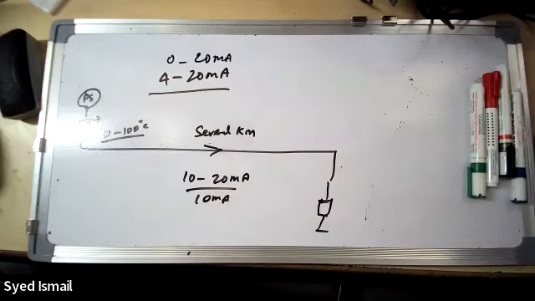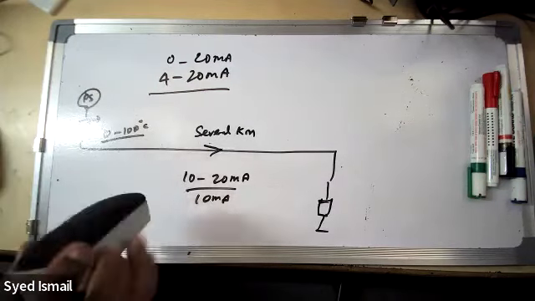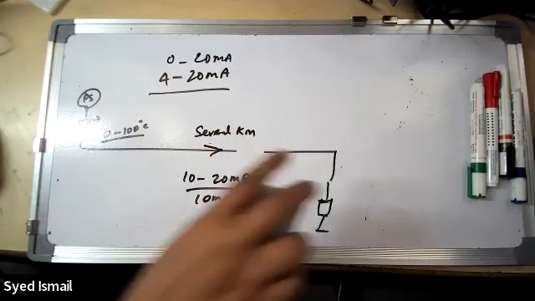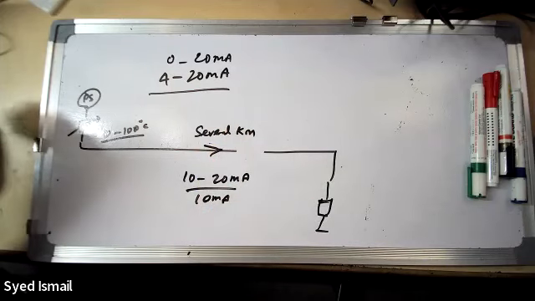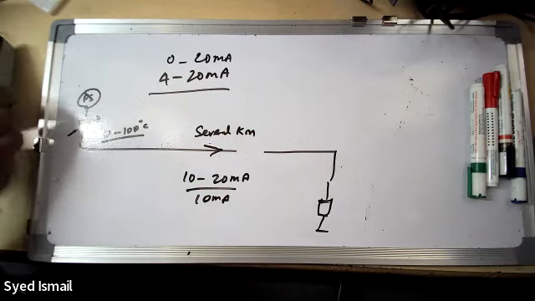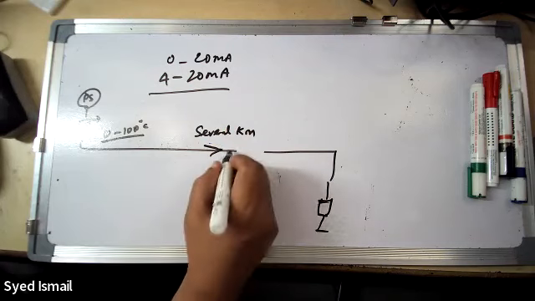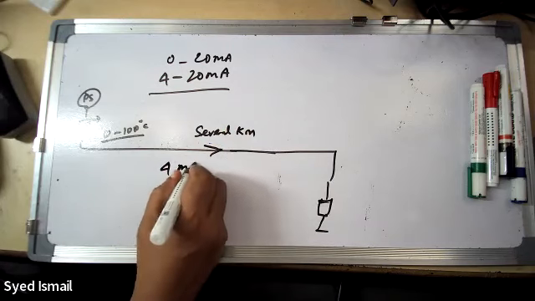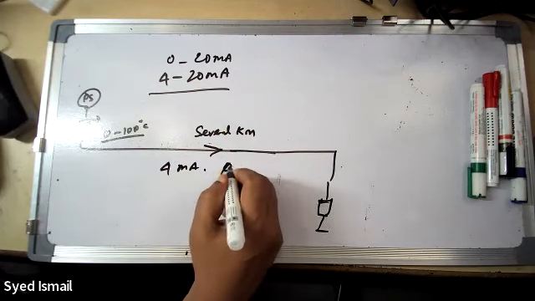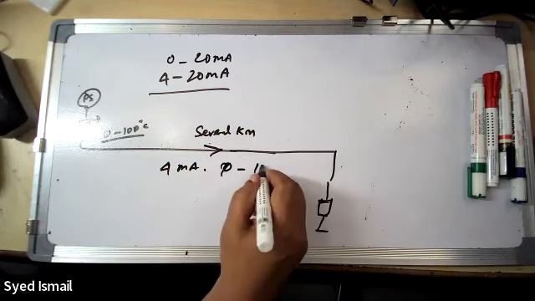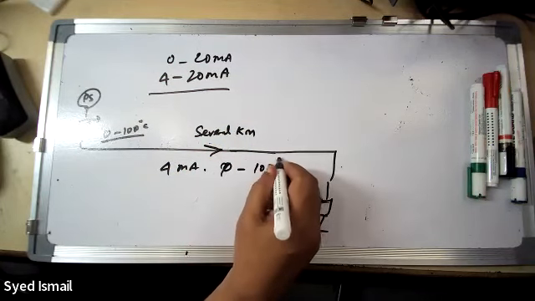Now, why is this minimum 4 given? Suppose this wire is broken, there will be 0 current going. I will not understand whether the sensor is connected or not if I use 0. In order to avoid that, I send a minimum of 4 milliampere at 0 degrees, or in our case minus 100 degrees Celsius.